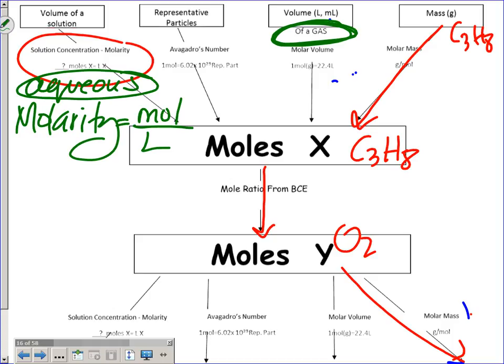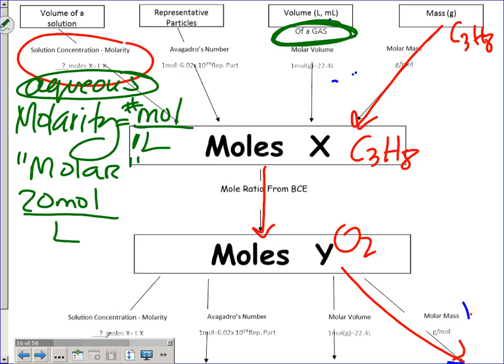Now, if molarity's units are number of moles per 1 liter, it'll give you things like, oh, I have a 0.2 molar solution. So molar is how we refer to molarity. If something's really concentrated, it's going to have like 20 moles per liter.